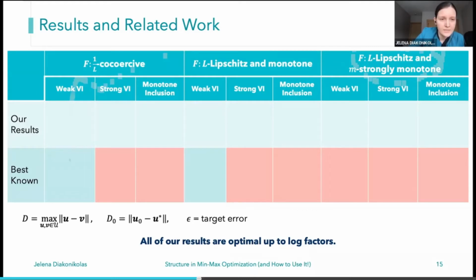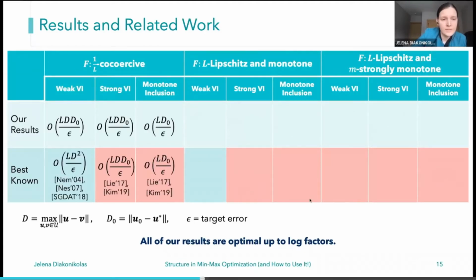Each column has 3 subcolumns for the 3 types of solutions: weak VI, strong VI, monotone inclusion. These are the results from my paper. These are the best known. The green color indicates that the method is parameter-free. The red that it is not, that you need to know the parameters. And then the notation is kind of standard.